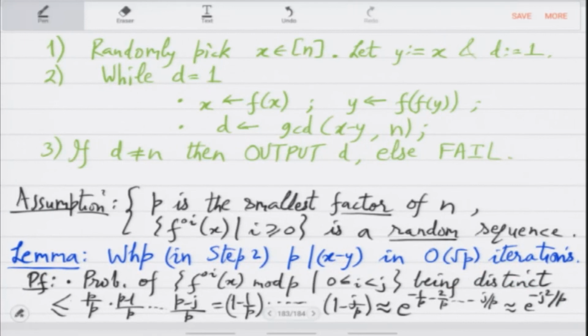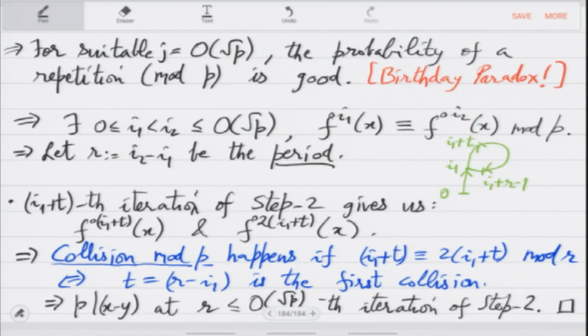Okay, so this finishes the proof of this lemma statement in blue. With high probability p will divide x minus y in step 2 in only square root p iterations.